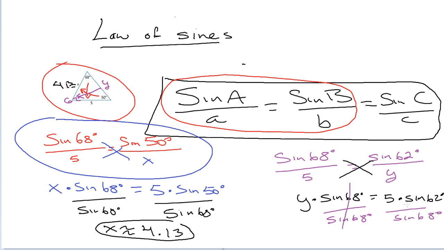And when I do that, I get that y is equal to, well, let's plug it in, 5 times sine 62 degrees divided by sine of 68. And our answer is about 4.76.